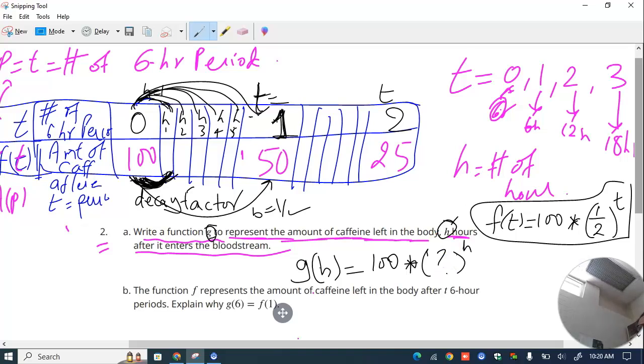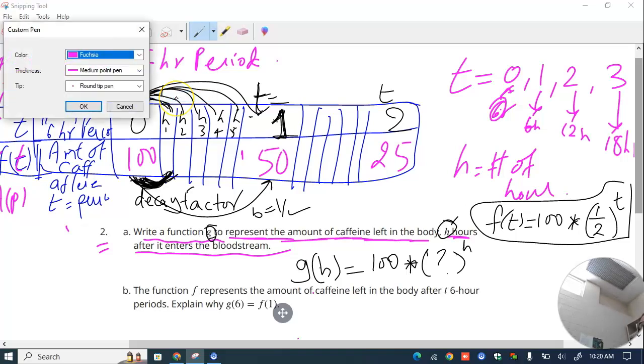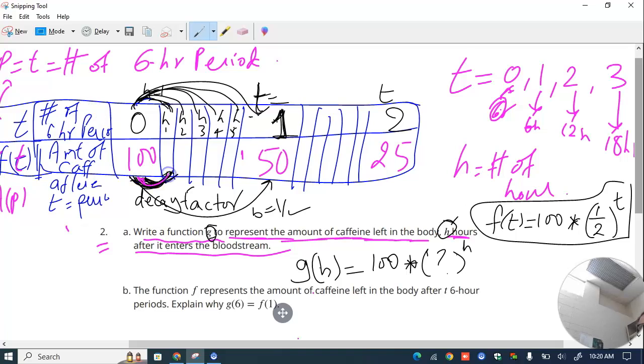Let me use this color to help us. The decay factor multiplies once, twice, thrice, 4 times, 5 times, and then 6 times.